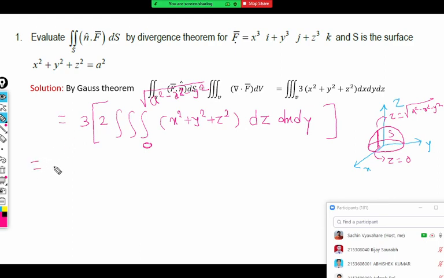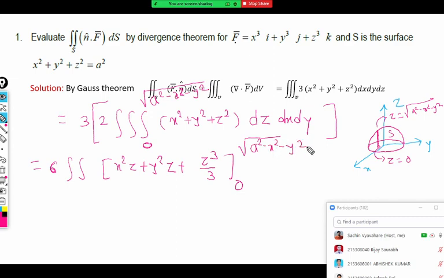This 3 into 2 is 6, and we have to integrate it. Integration will go like this: x square z plus y square z plus z cube by 3, with the limits of z from 0 to root of a square minus x square minus y square, dx dy. You have to put in the upper and lower limits.